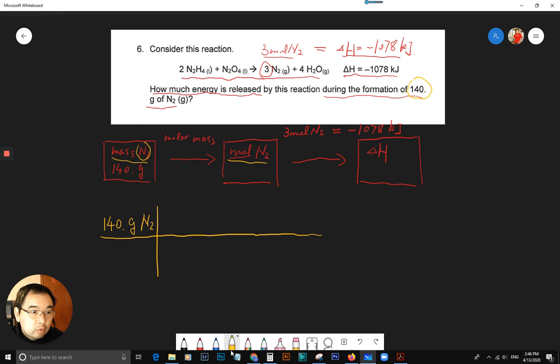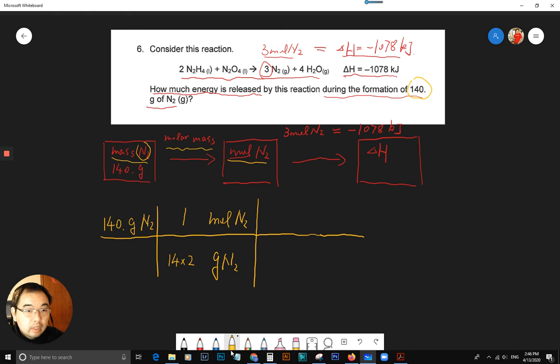So we put the gram of the nitrogen on the bottom, and we're looking for the mole of the nitrogen. The relationship between them is the molar mass. We know 1 mole of the nitrogen is equal to 14 times 2 gram of the nitrogen. So after this step, we can figure out the mole of the nitrogen.